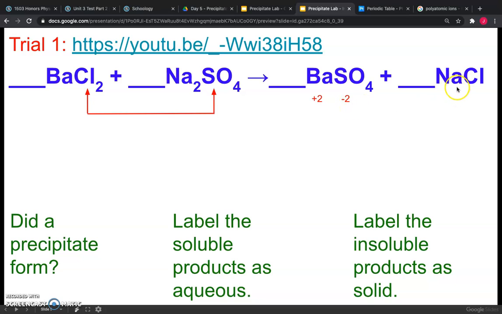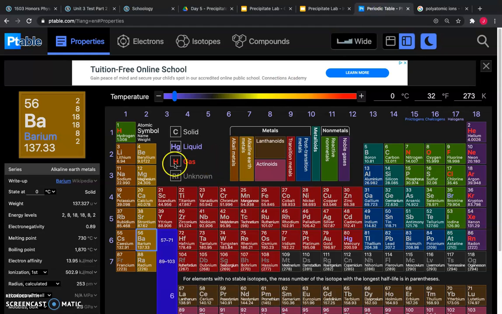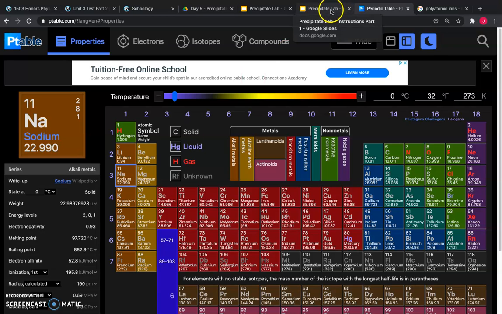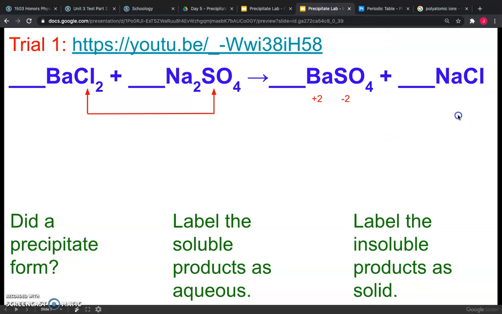And then for sodium chloride, again, we're going to look at the periodic table. Sodium's right here. It's in column 1. It has 1 valence electron. It's going to lose that 1 valence electron to have the same electron configuration as neon. And when it loses that valence electron to have an empty valence orbital, it will form a +1 charge. So sodium is +1.